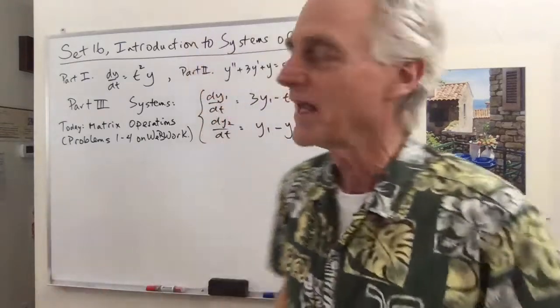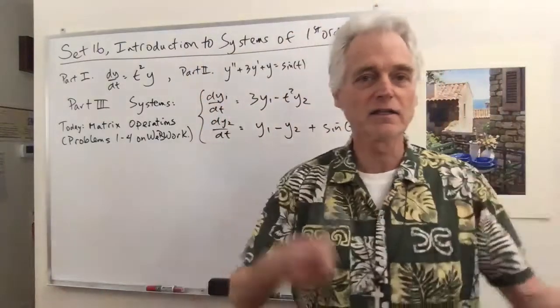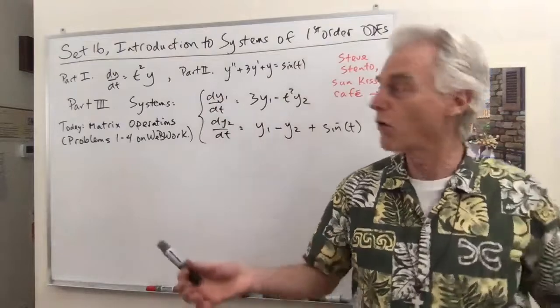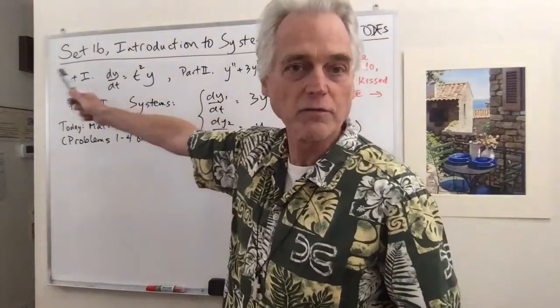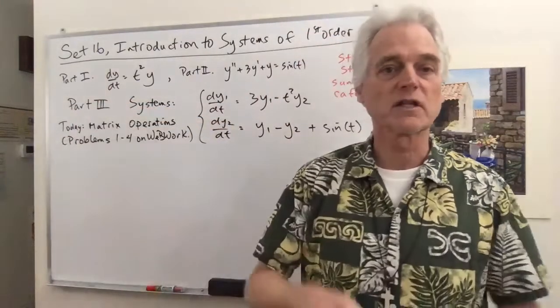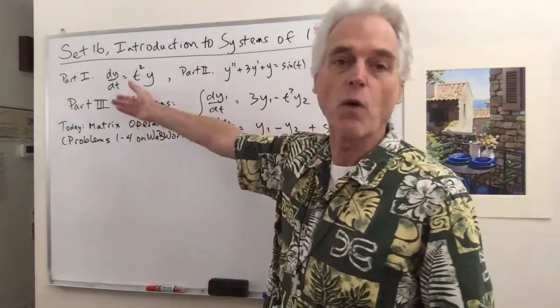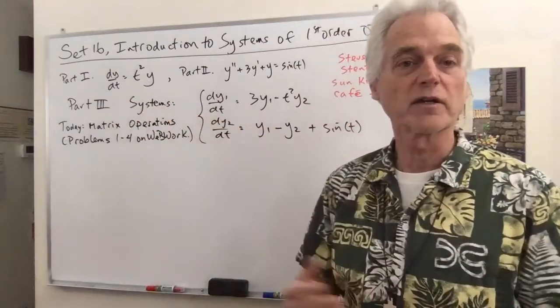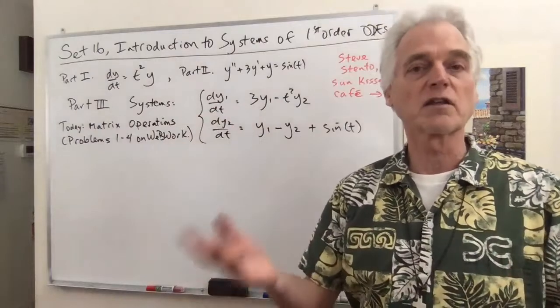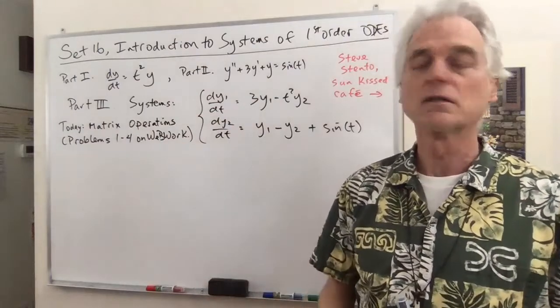All right. In any case, let me talk a little bit about the course as a whole. In the first part, part one, we talked about a single first order ODE. Here's an example, dy dt is t squared times y. So I'm looking for an unknown function y of t.